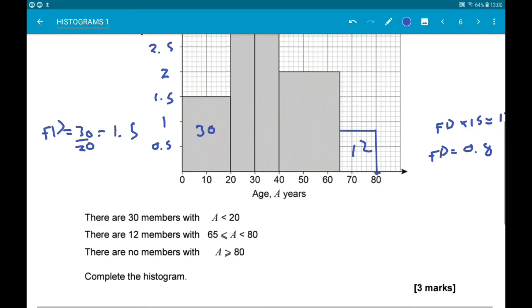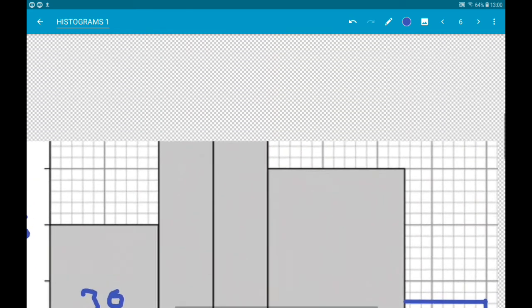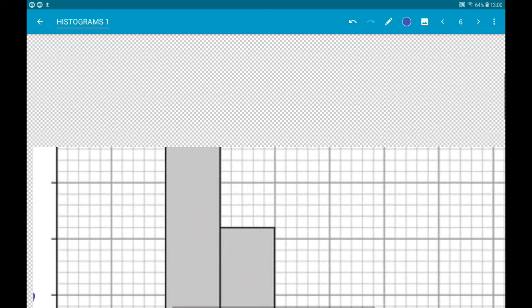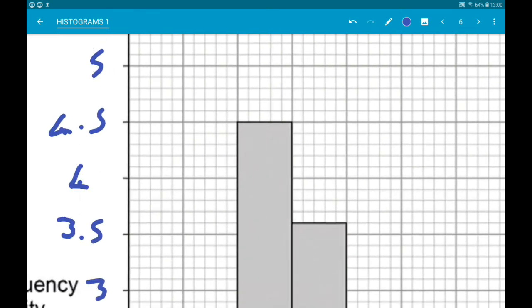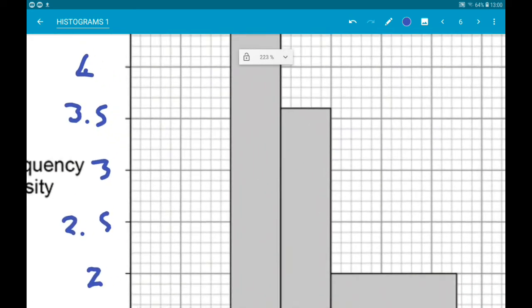Now the second bar in has a width of 10 with a density of 4.5, so there are 45 people in this one.